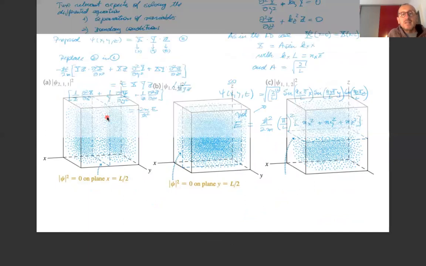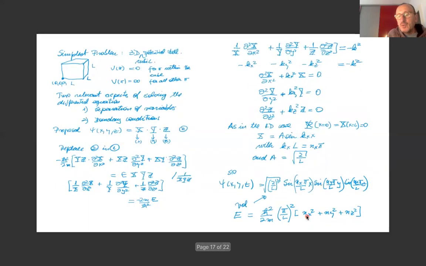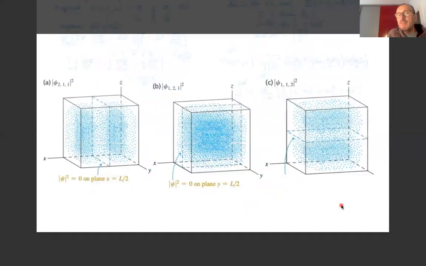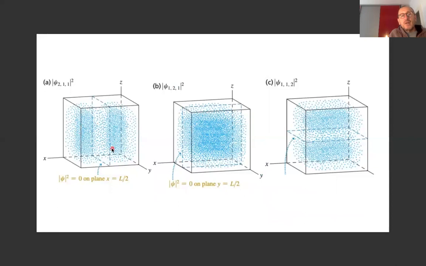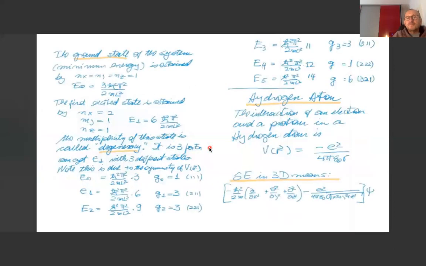This one over here is when this is 2 and the other two are 1s, and you move the 2 from this position to that position to that position, and you get the same value of the energy and the same value of phi squared just by changing the axis. In terms of the energy, this is called degeneracy.